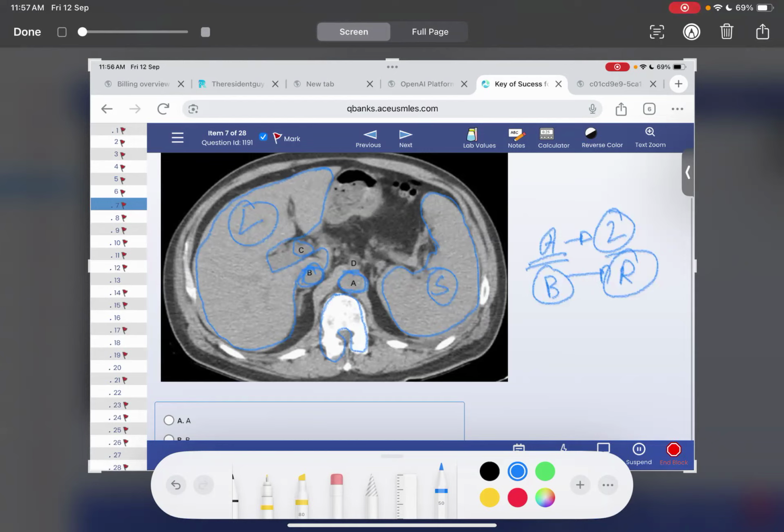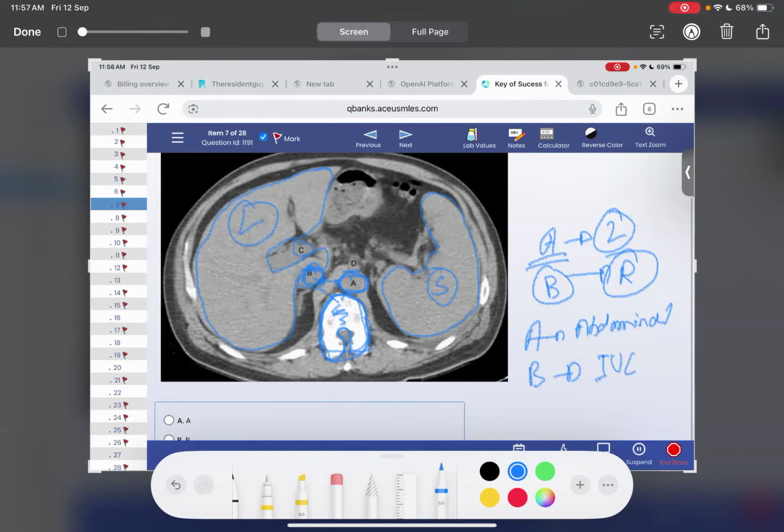Wait a minute, I want to clear one thing. Which ones are near the spinal cord, the vertebra, like A and B? These are the major vessels, like the aorta and inferior vena cava. So A is the abdominal aorta, which is near the vertebra, and B is also near the vertebra, and that will be your inferior vena cava.